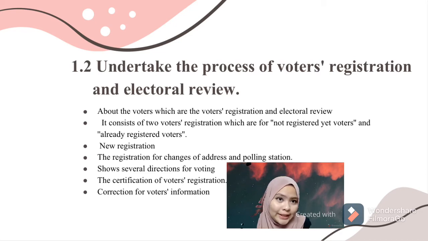The next point is the direction for voting. As for voting, there are some differences between the voters, which are ordinary voters and PTH. For ordinary voters, they have to go to the registration center first, and they have to bring their identification card and the registration form.